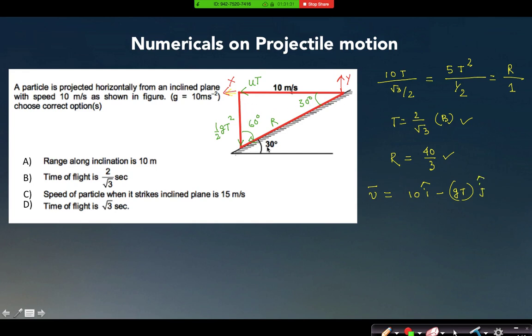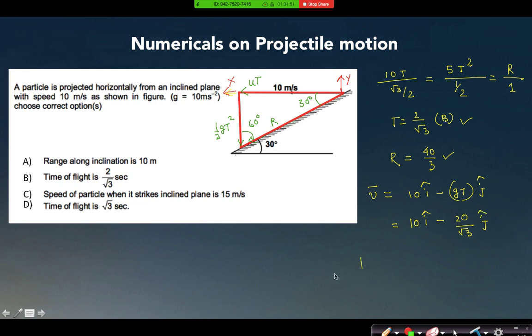Can I write this is my velocity vector after time t? Its x component remains the same, but the y component initially was 0, so only the y component will be minus gt. So it is 10 i cap minus 20 by root 3 j cap.